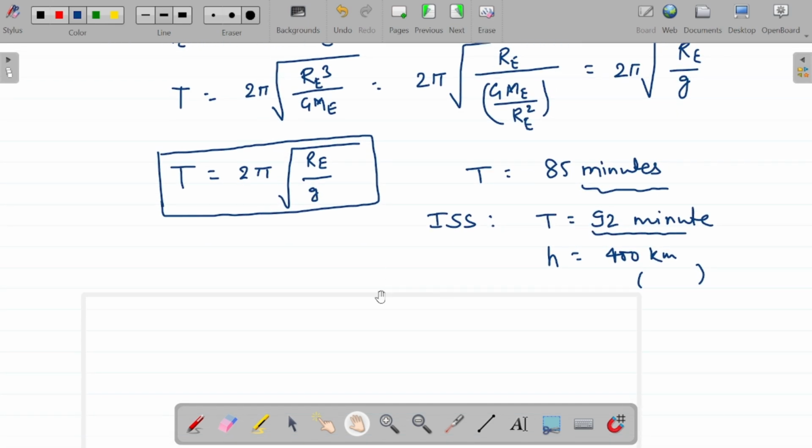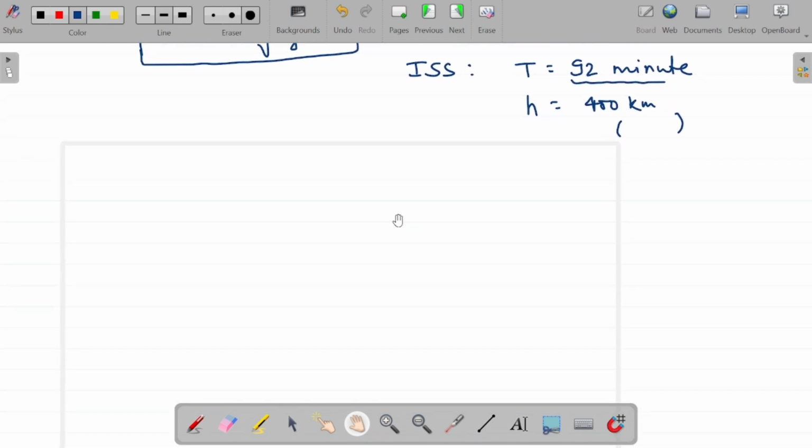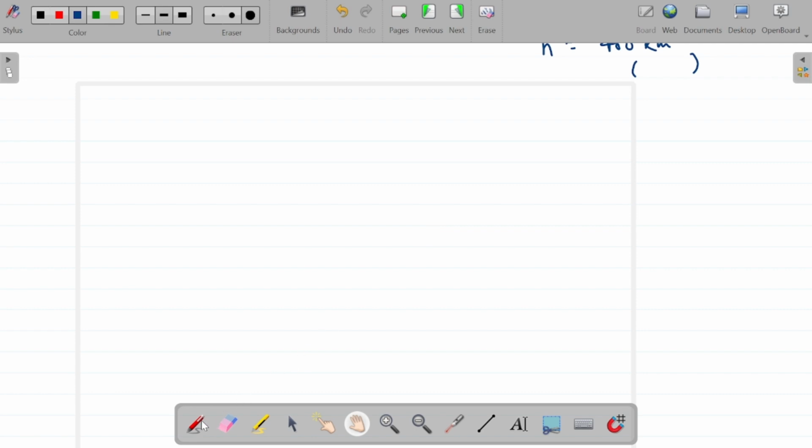Now, what about the energy of the revolving satellite? So we know that if it is moving, it has kinetic energy, and this kinetic energy can be written as 1/2 mv².